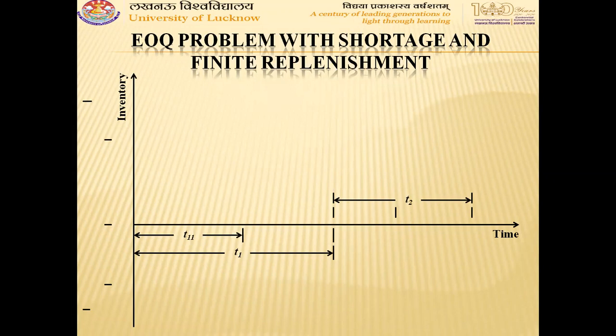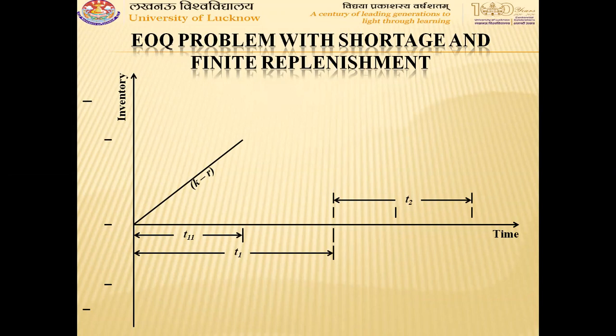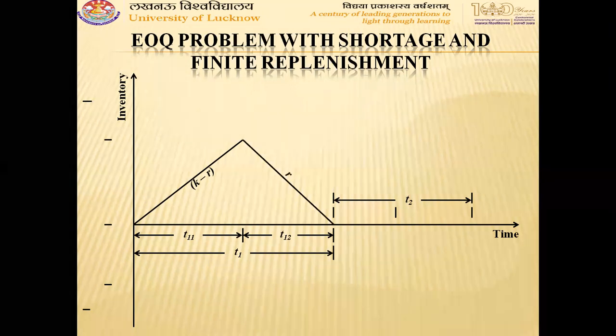During T11, Q1 units are ordered and production will be started with finite rate K, and consumption goes on with finite rate R. So inventory will build up with rate K minus R. After T11, when all the ordered units are available, production stops, and during T12 only consumption goes on with finite rate R. So inventory starts decreasing and approaches zero level.